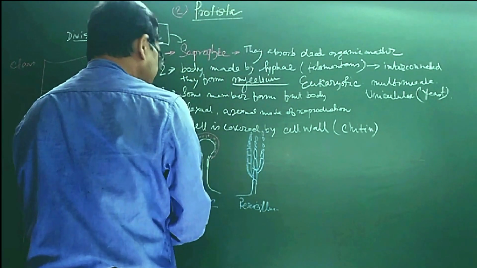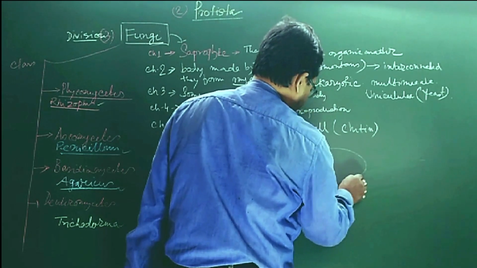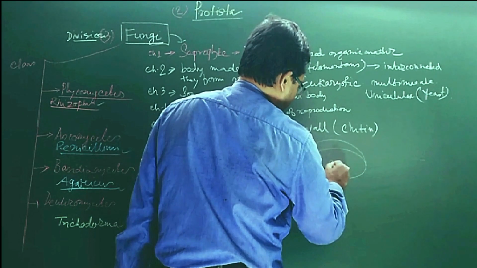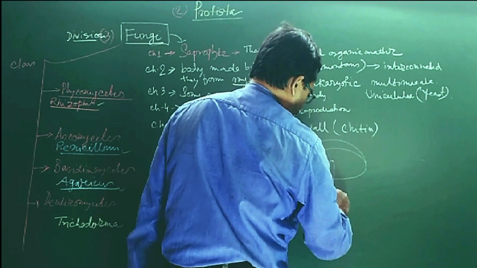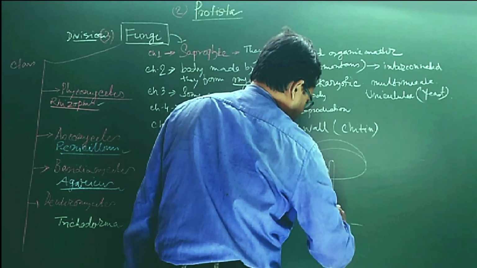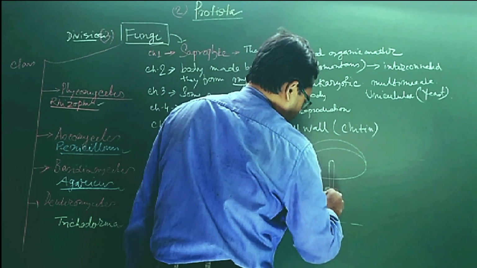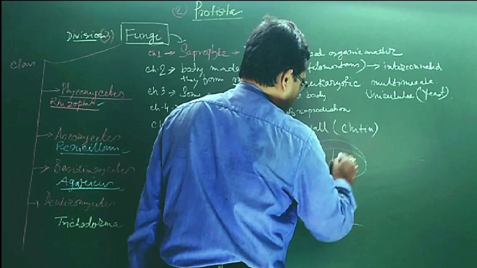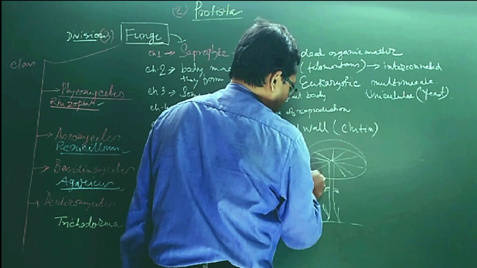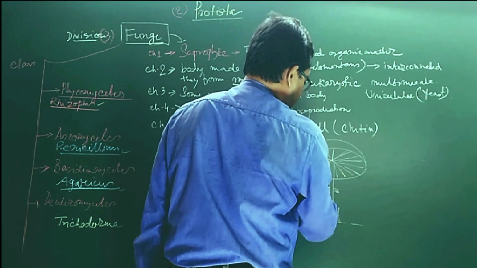Then we consider the structure of Agaricus. Agaricus has a complex fruit body. This is the lower structure, and this is their stalk, growing in cow dung, and there is some remnant part, and here also a remnant part is observed, and some gill-like structures are present underneath this umbrella-like structure.